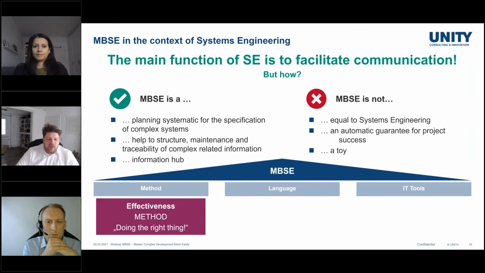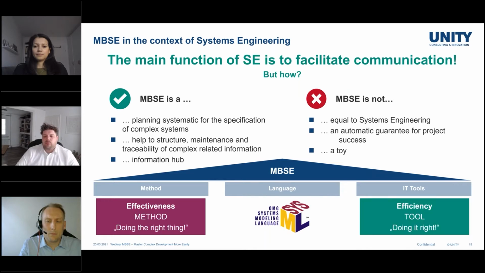In order to be effective at that, you need a language. In this case, the de facto standard for that is SysML. There are a lot of different vendors using it. The language is extended; there will be version 2.0 in, I think, 2 years or so. But you need the meta model to express yourself. And of course, you need a tool then, which gives you the efficiency.